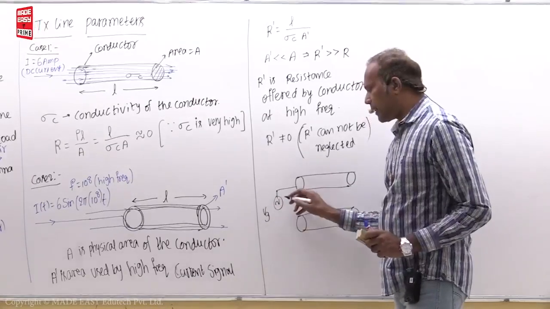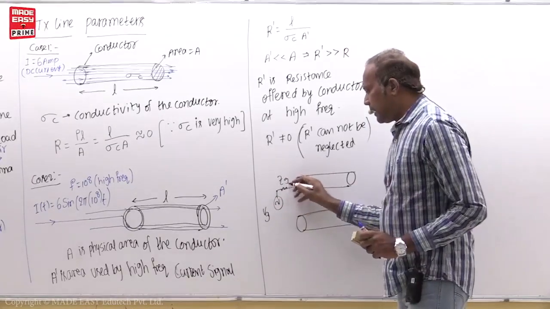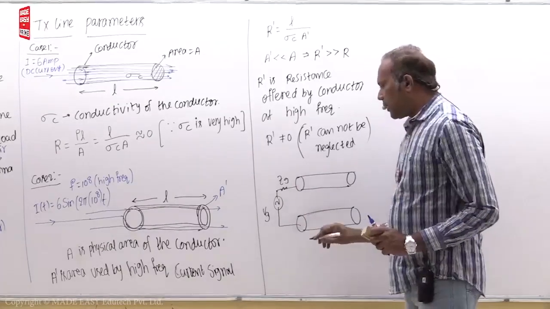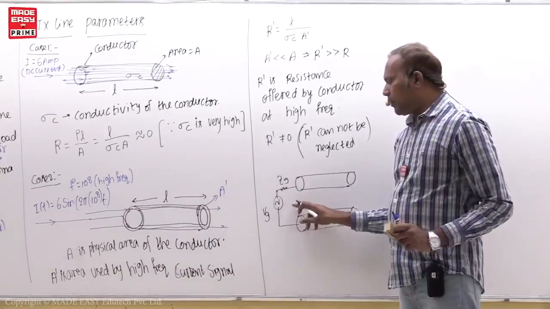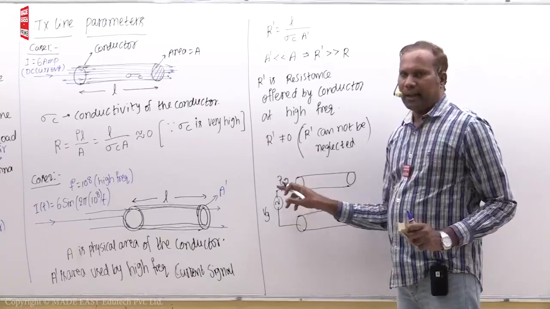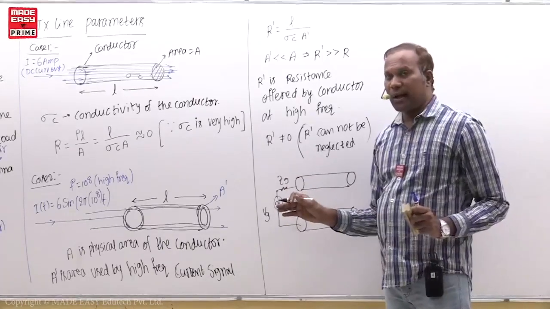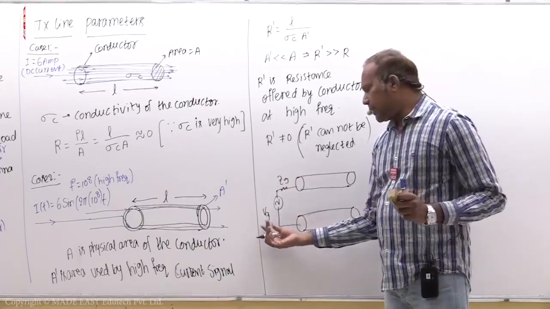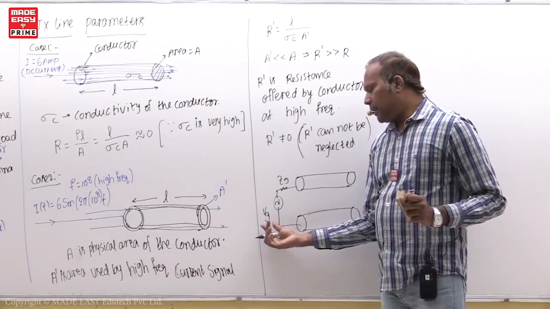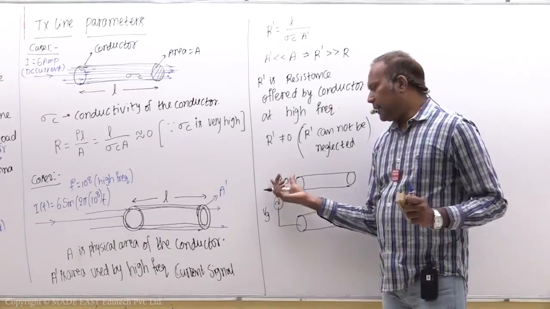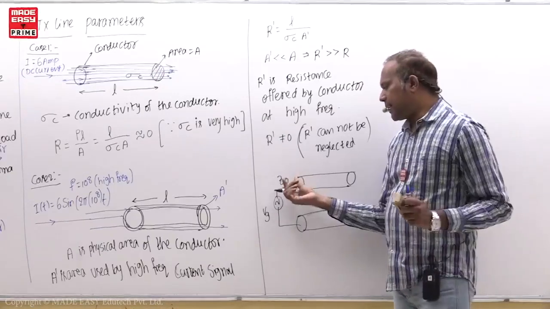G means generator here, and this is ZG, and this is the structure. I told you this is nothing but the equivalent circuit of an FM signal generator. High frequency signal sources are called generators here. So this is the internal voltage of the FM signal generator and the internal impedance of the generator ZG.